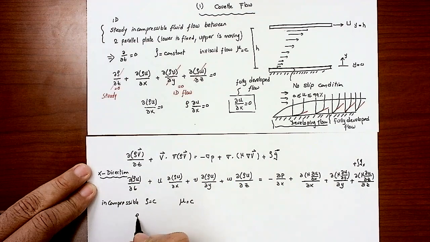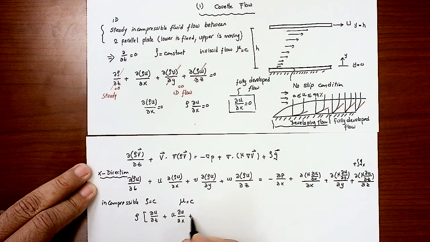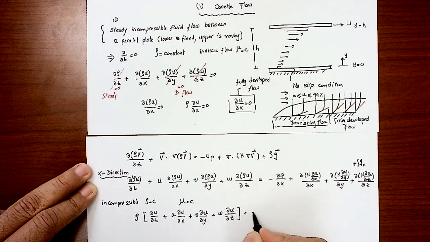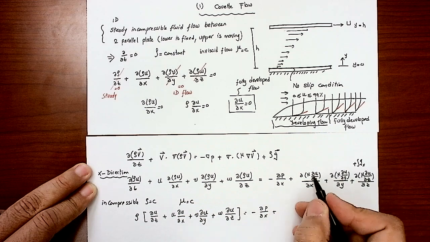So that's rho times partial u by partial time t plus u partial u by partial x plus v partial u by partial y plus w partial u by partial z equal to minus partial p by partial x plus mu will come out.